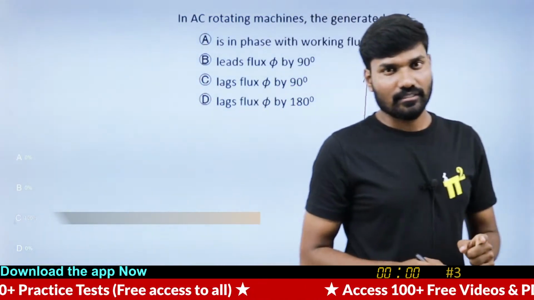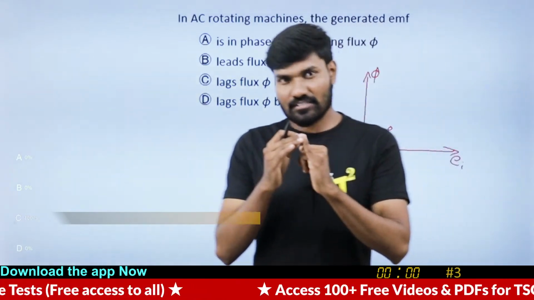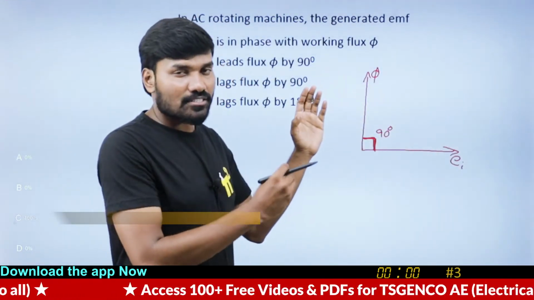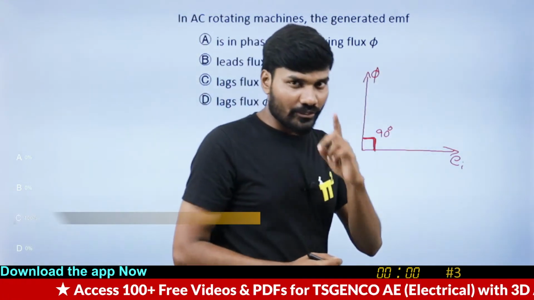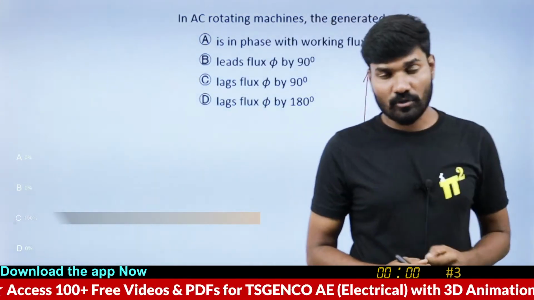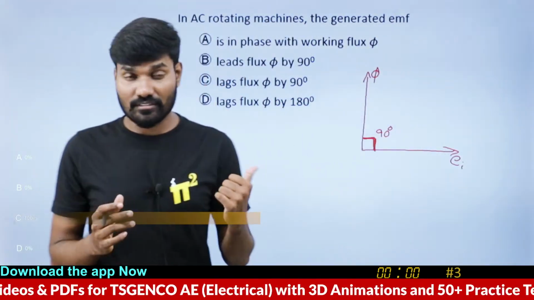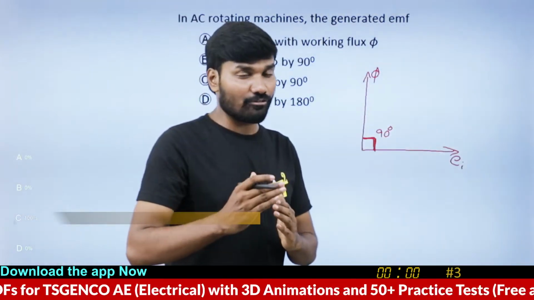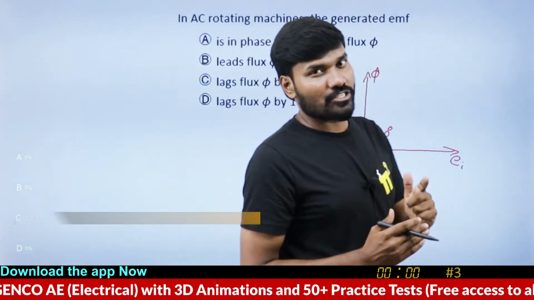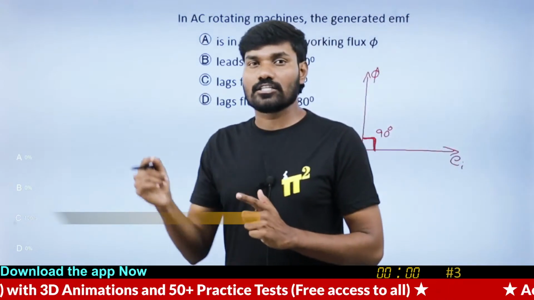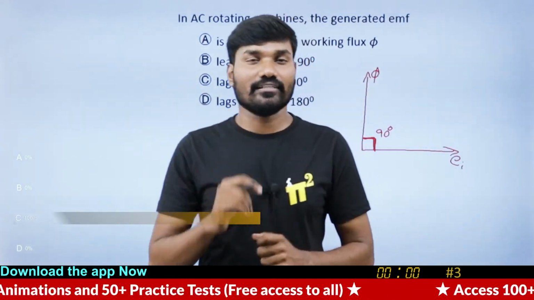Any machine you take, flux is somewhere, and its corresponding induced EMF. Remember this point, we will see such interesting points in this, some conclusions which you need to carry forward. Any induced EMF will lag its corresponding flux by 90 degrees.